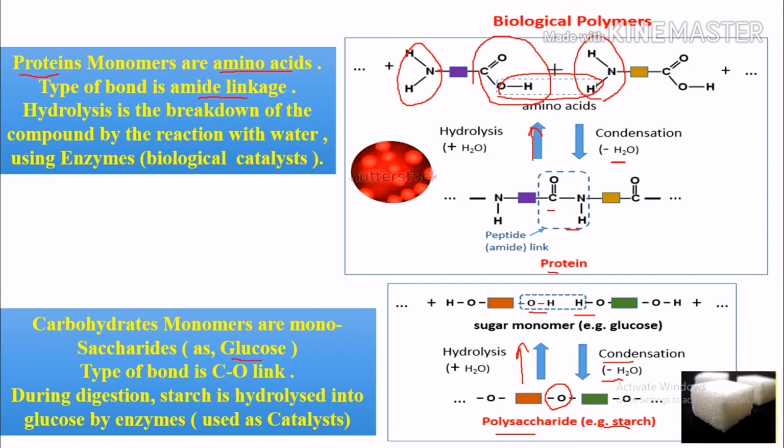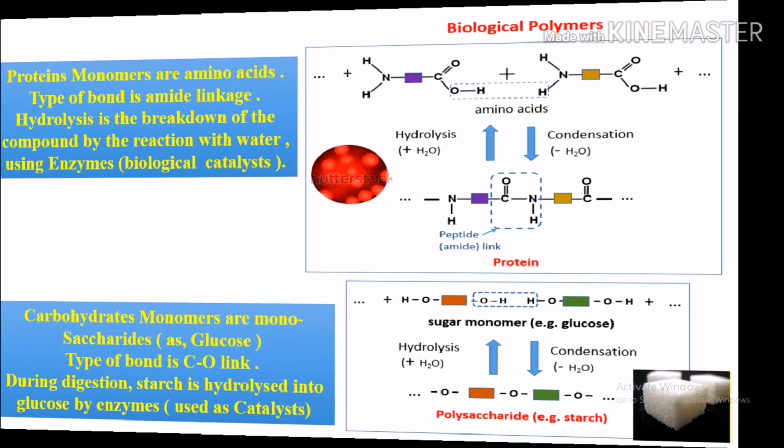So the process of forming polymers is a reversible process. We can convert polymers into monomers, and we can reverse the process by converting monomers into polymers. It is a reversible process. Okay?